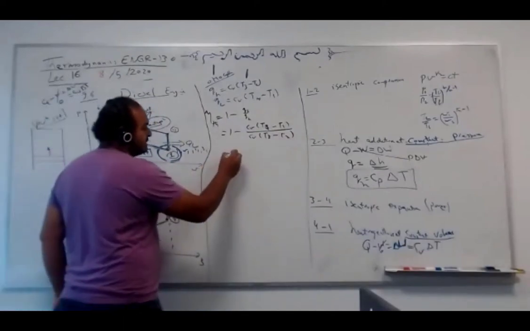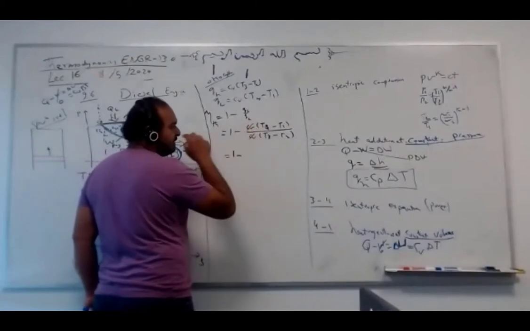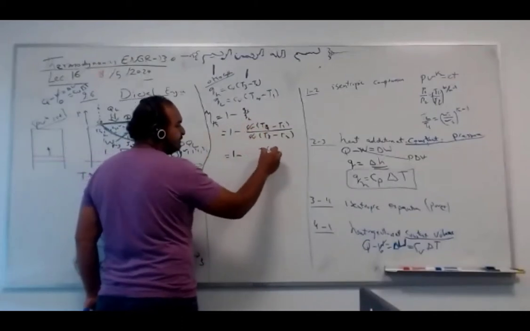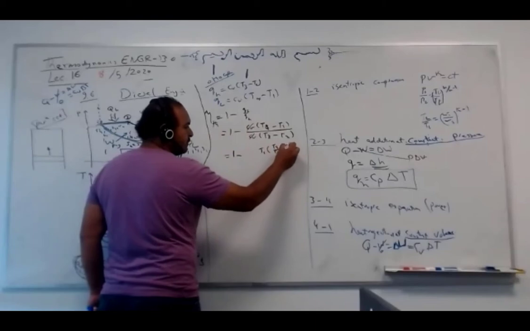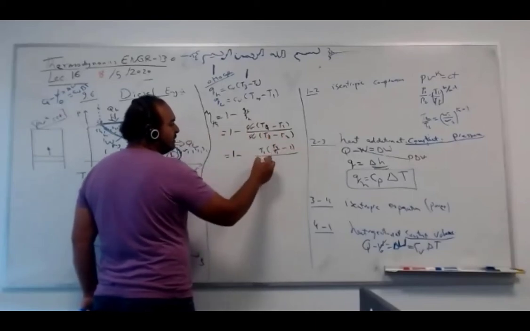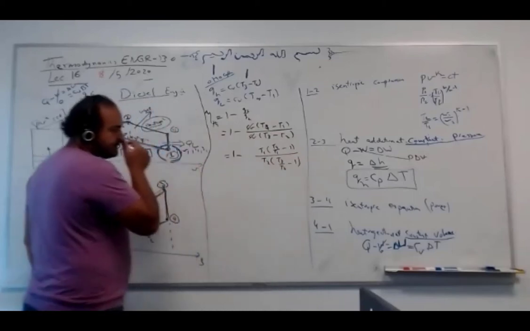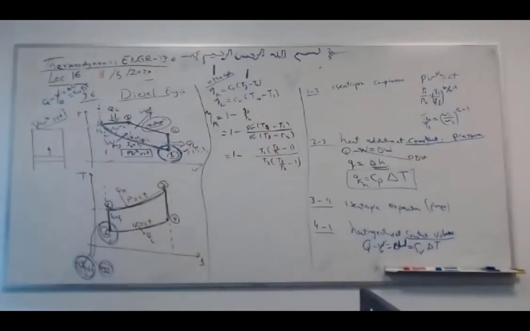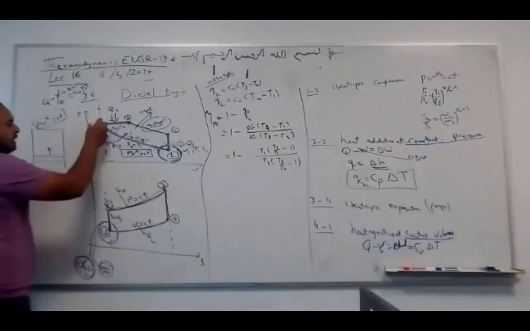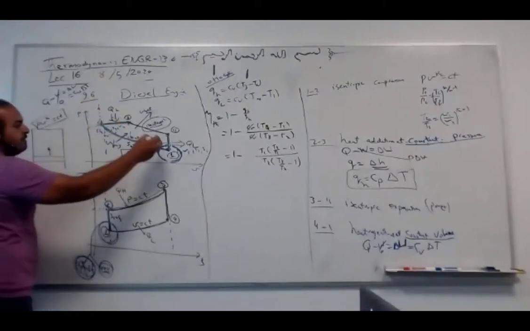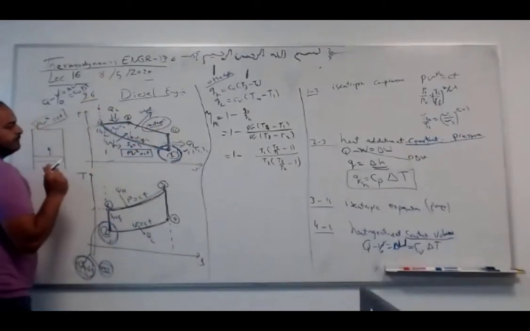Which is 1 minus, cancel CV, take T1 as a common factor, take T2 as a common factor. Everything is clear, guys? Remember, V2 equals V3, V1 equals V4.